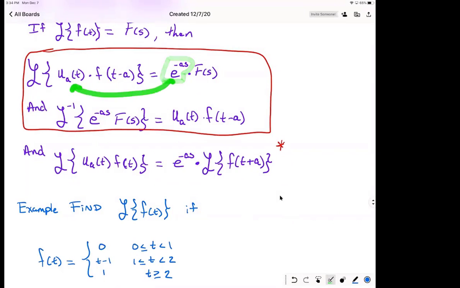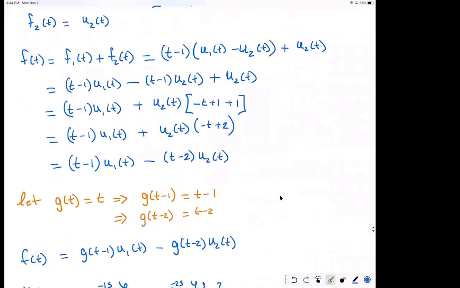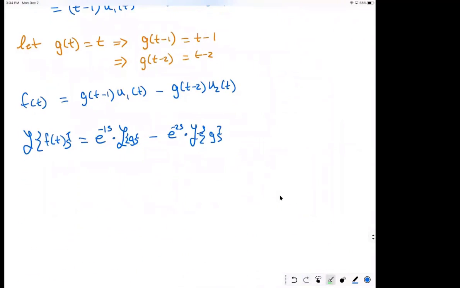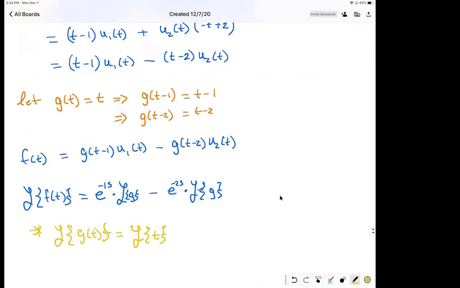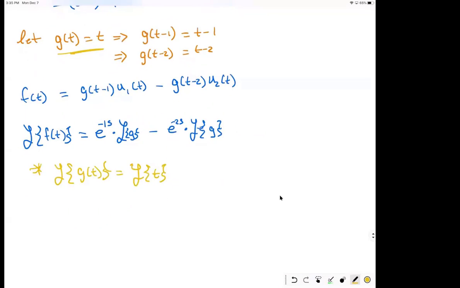And now I just need to do the second part with this capital F. But that's easy enough because I just look at my chart and the Laplace transform of g of t would equal the Laplace transform of t, because that's what it was equal to, right? g of t was equal to t.